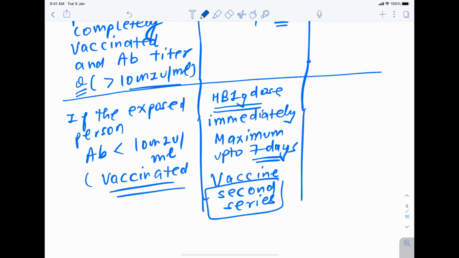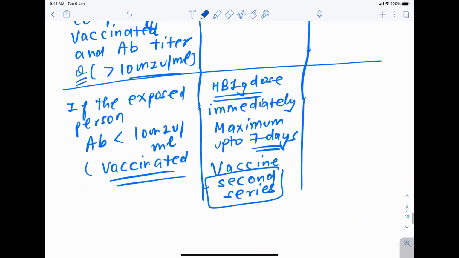Because the person was already fully vaccinated, all three doses at 0, 1, 6 months, and yet the antibody level has fallen below 10 milli international units per ml, you will go for the second series of vaccination if the source is positive.